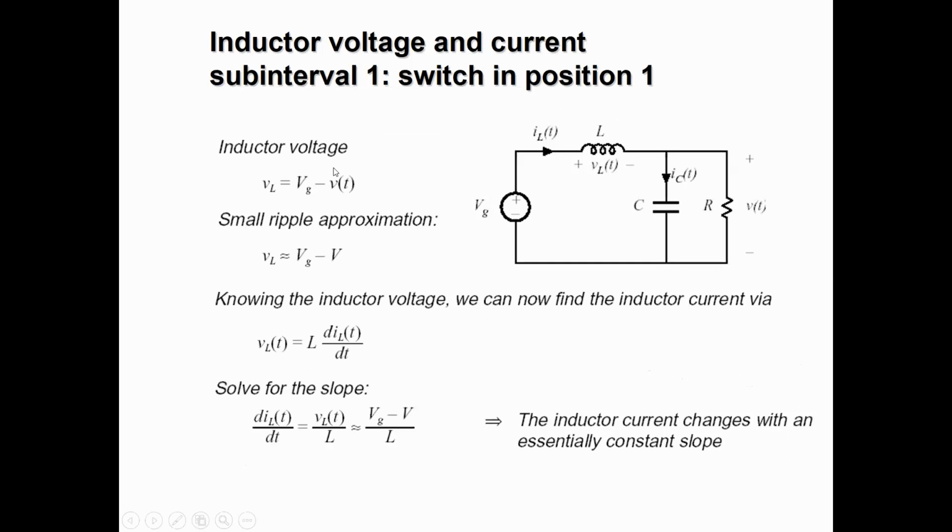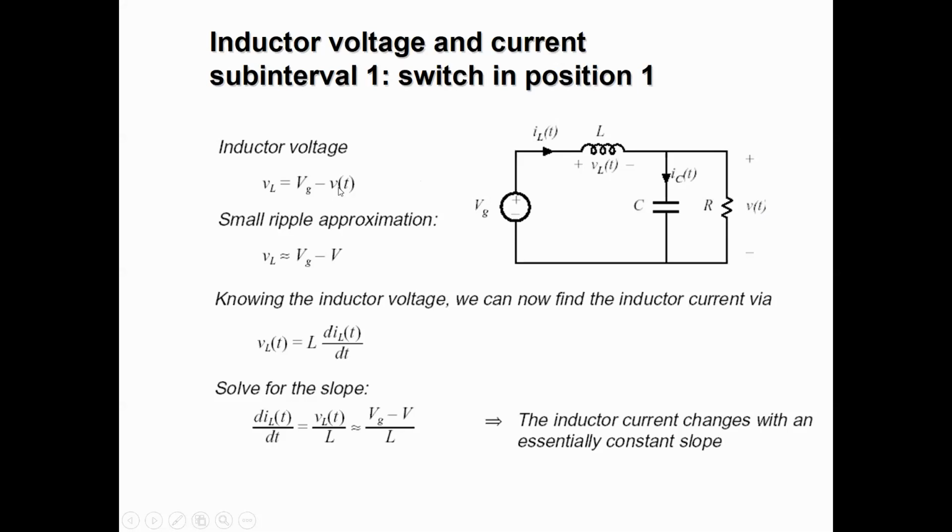Here the input voltage is DC, but the output voltage consists of some ripples, so it is still not pure DC. So we can apply a small ripple approximation.